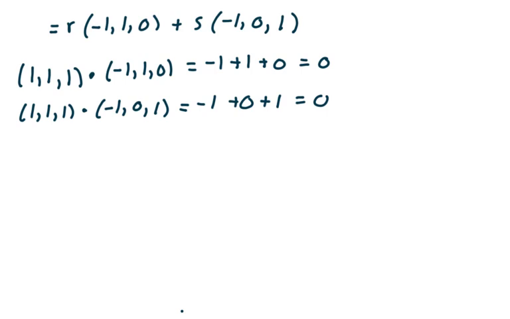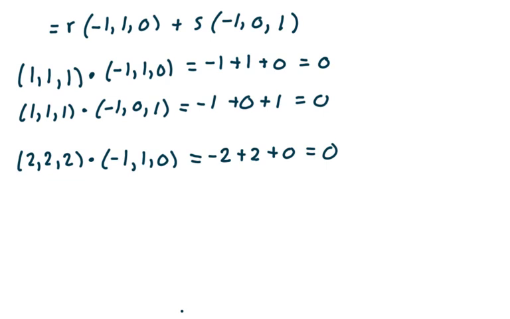And I would argue that if we go to (2, 2, 2) and (3, 3, 3), we're going to get the same thing. If I take (2, 2, 2) and dot it with (-1, 1, 0), I get -2 plus 2 plus 0, which is 0.